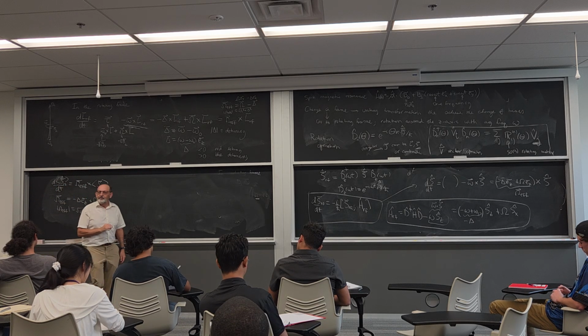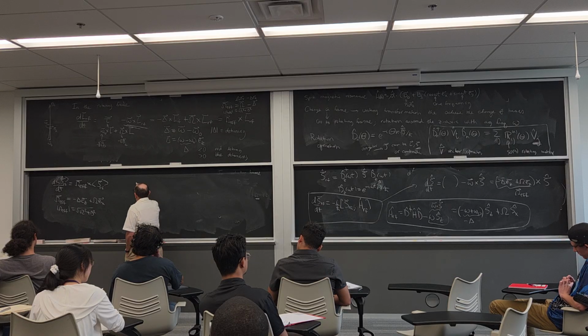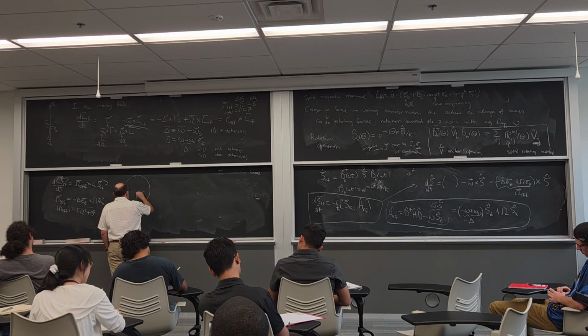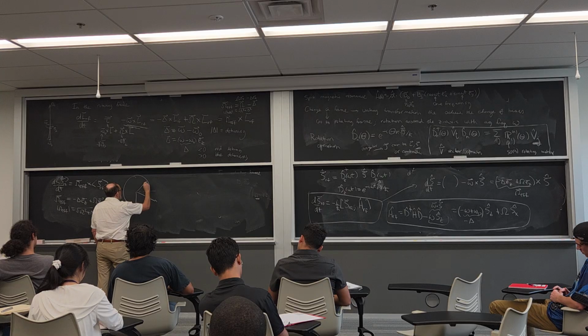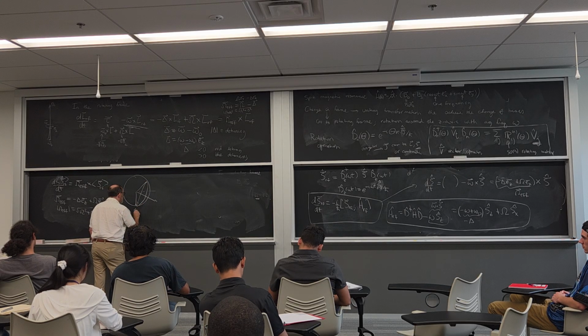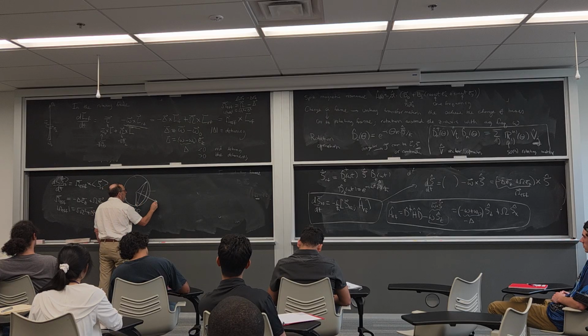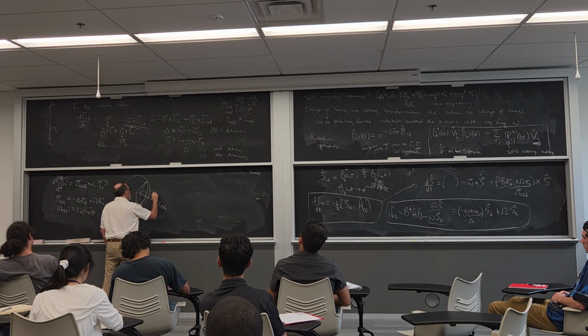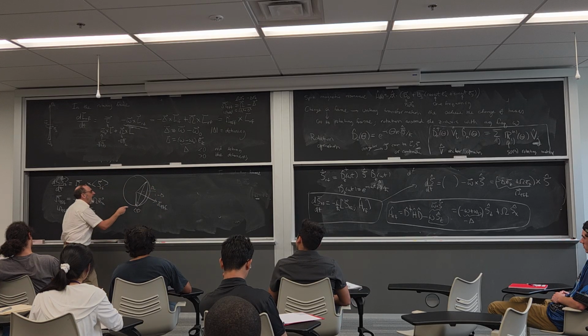So here's the sphere. If I start the spin here, and I have some detuning, I get the mean spin precessing around this vector, which has these components at that speed.